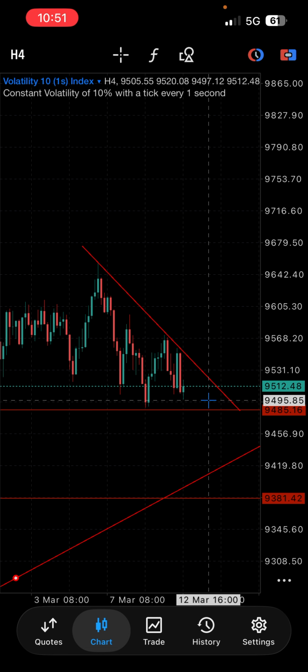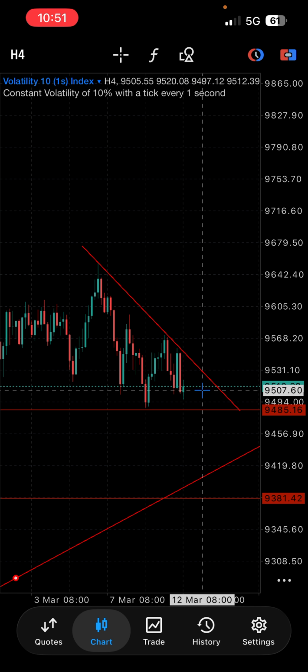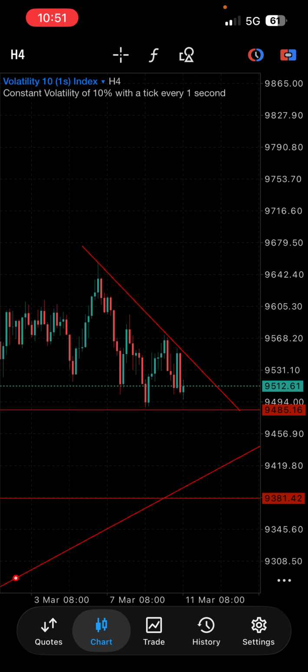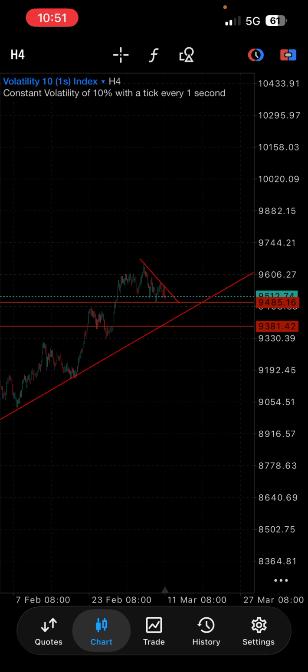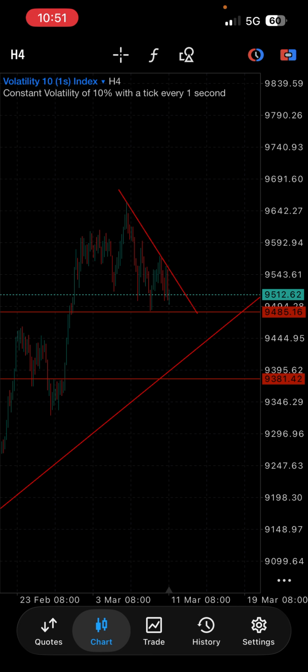If it breaks out and comes back and pulls back, you can now look for buy opportunities using the 5 minutes or 1 minute time frame fair value gap. All right, that's how you actually buy and trade with smart money. So right now, I'm not doing anything.